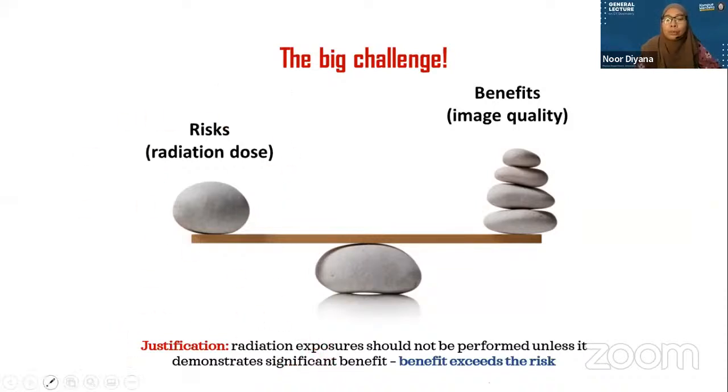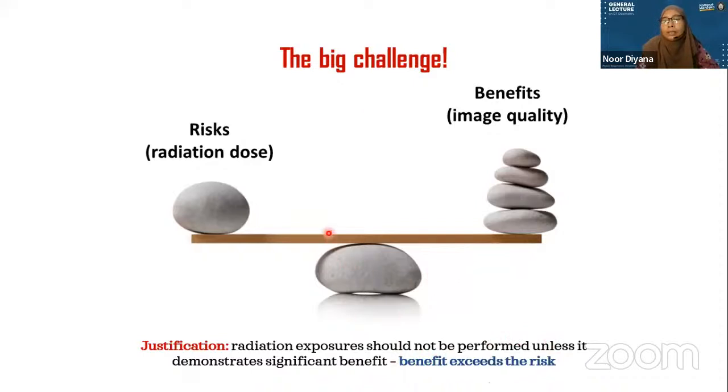Okay, so this is where the radiation protection principles play their role. Okay, so justification: the radiation exposure should not be performed unless it demonstrates significant benefit. So benefit should exceed the risk.